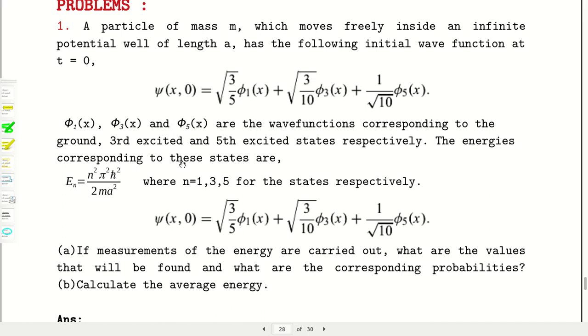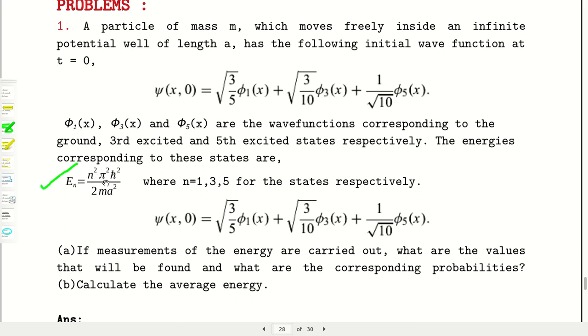The energies corresponding to these states: energy is a dynamical variable, so one can find it. If one finds the energy values of the corresponding three states, that is 1, 3 and 5, that is the ground state, the third excited state and the fifth excited state, then the formula is given.